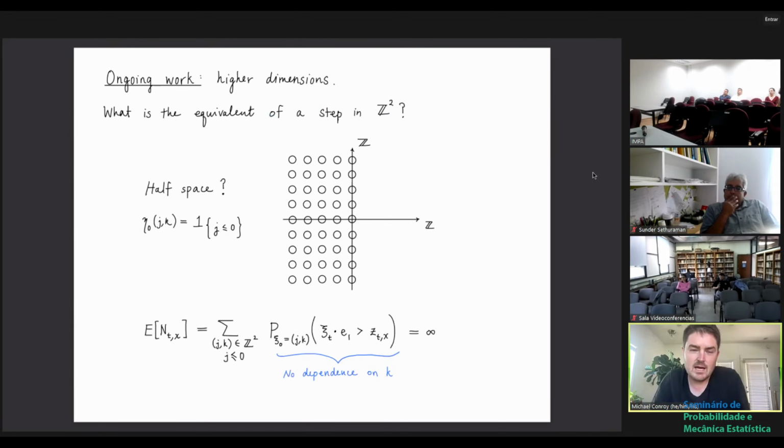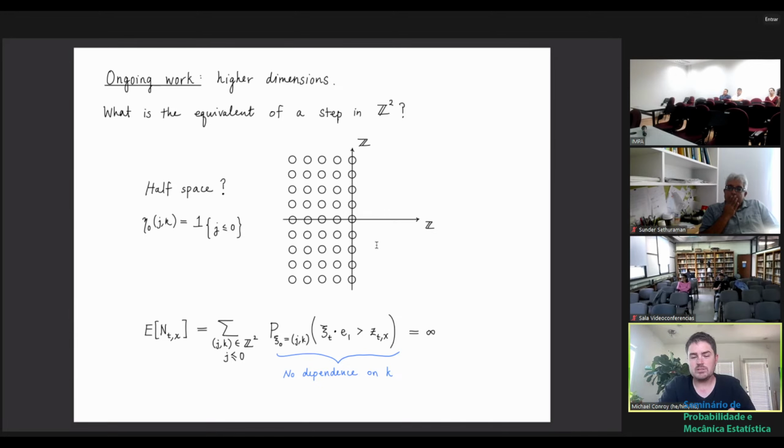Some things that we're working on right now are extensions to higher dimensions. The first question when considering that is, what is the equivalent of a step in, say, Z^2? Naturally you think, okay, a half space. But if you think about what happens, particles are blocked from moving left. Since we're only looking at the motion in one direction, we're looking at a projection down onto the first axis. What you have there is an infinite number of exponential clocks.